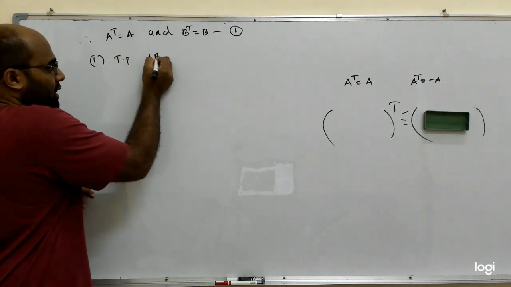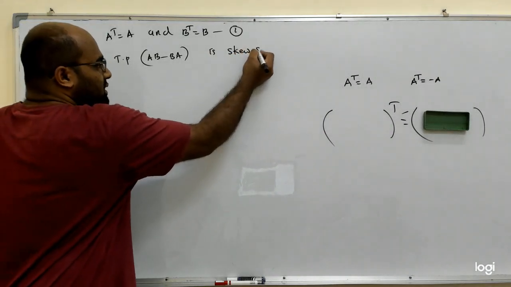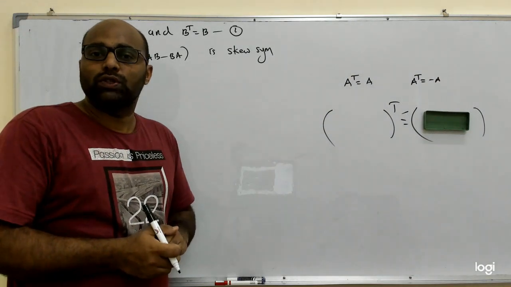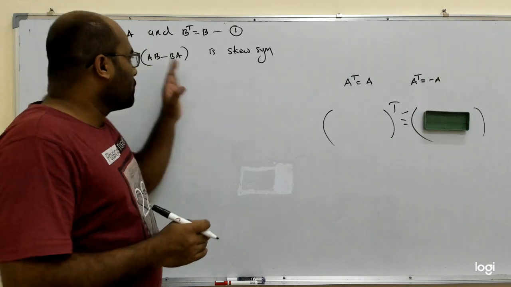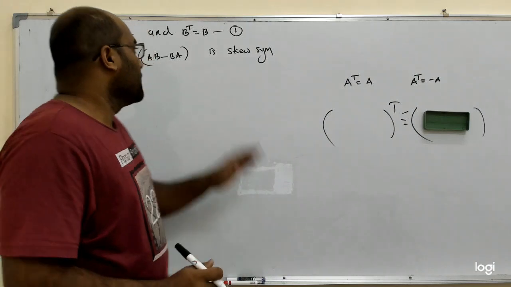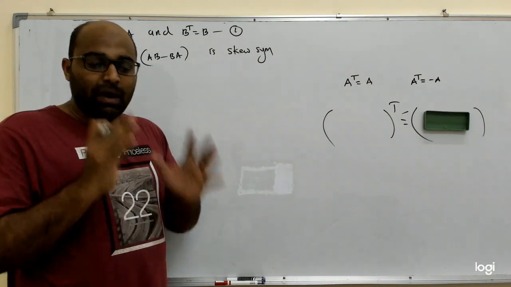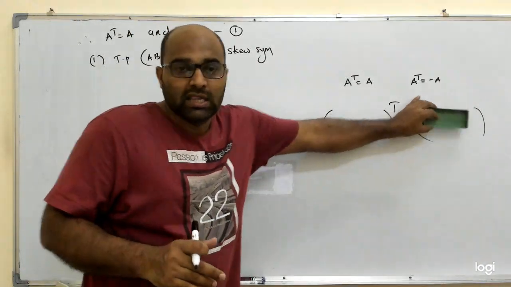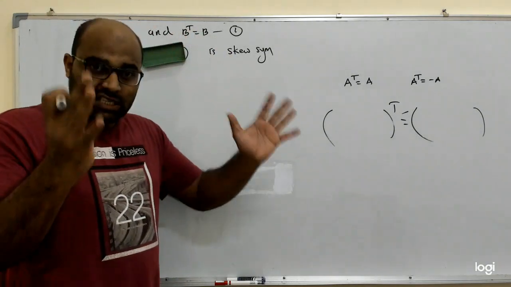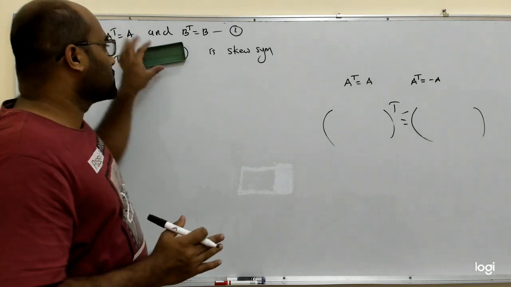To show a matrix is skew symmetric, I told you, its transpose should be the negative of that matrix.